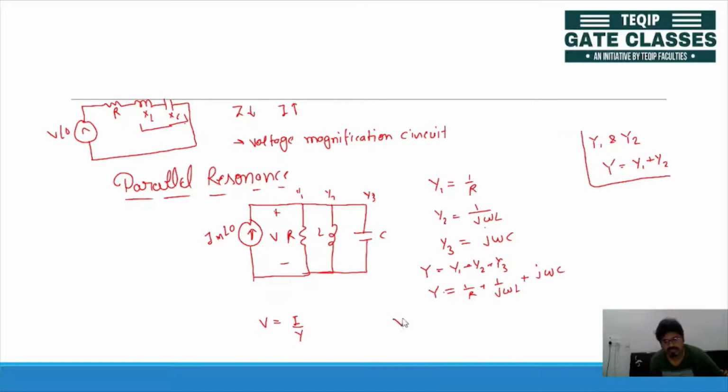So your voltage will be I divided by the quantity 1 upon R plus 1 upon j omega L plus j omega C.